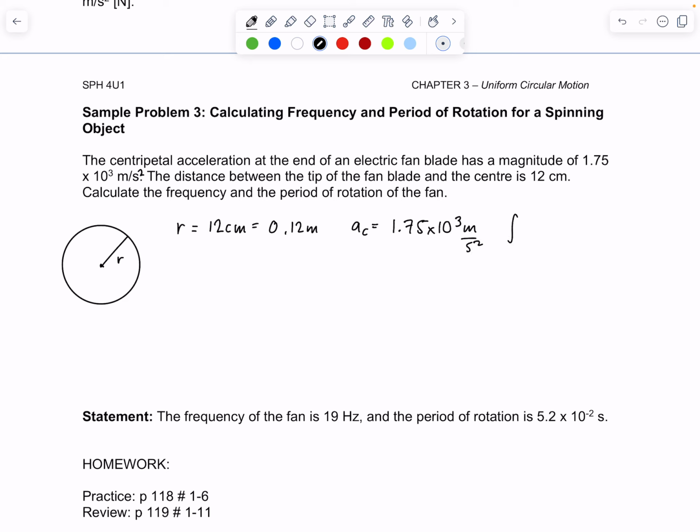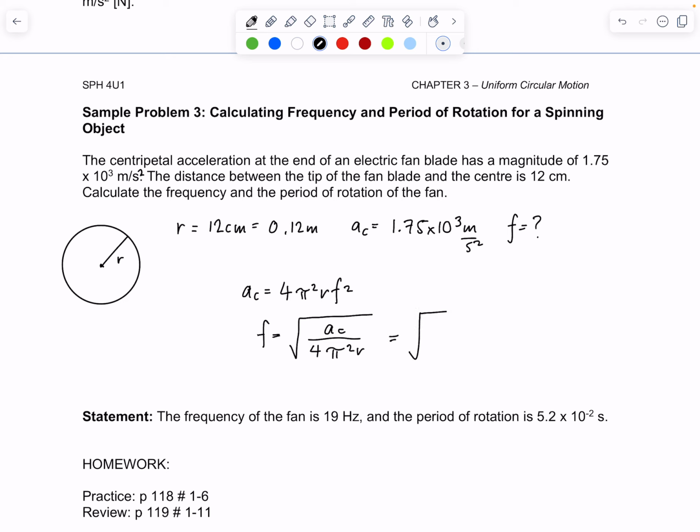And we want to find the frequency. We know that centripetal acceleration is equal to 4 pi squared r f squared. If we rearrange this, f is equal to the square root of centripetal acceleration over 4 pi squared r.